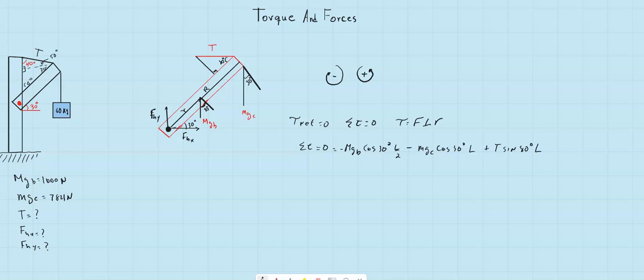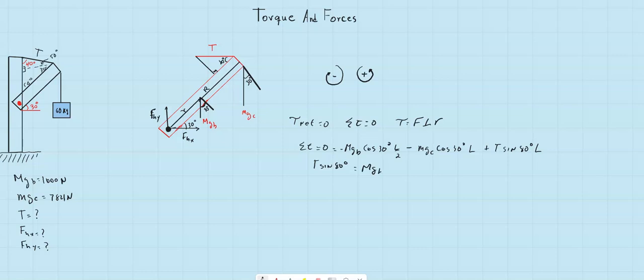Now if I move everything to the other side, T sine 80 degrees is equal to, and I know I have a negative, but once I move it to this side, it'll make all of this positive.